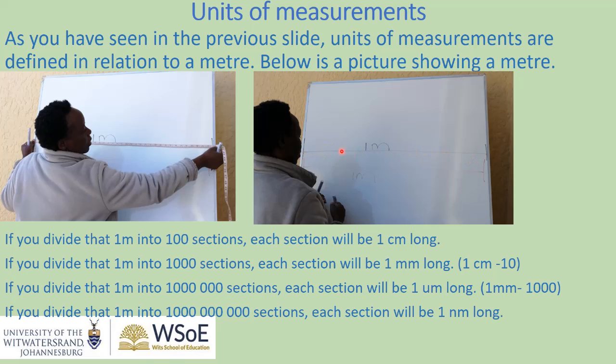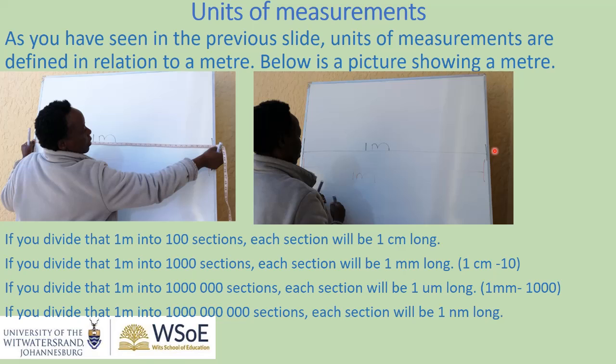And if you divide this 1 meter into 100 sections, then one section is 1 centimeter. And this we are very familiar with, because a 30 centimeter ruler means it is 30 sections, each one 1 centimeter long, that we are familiar with.